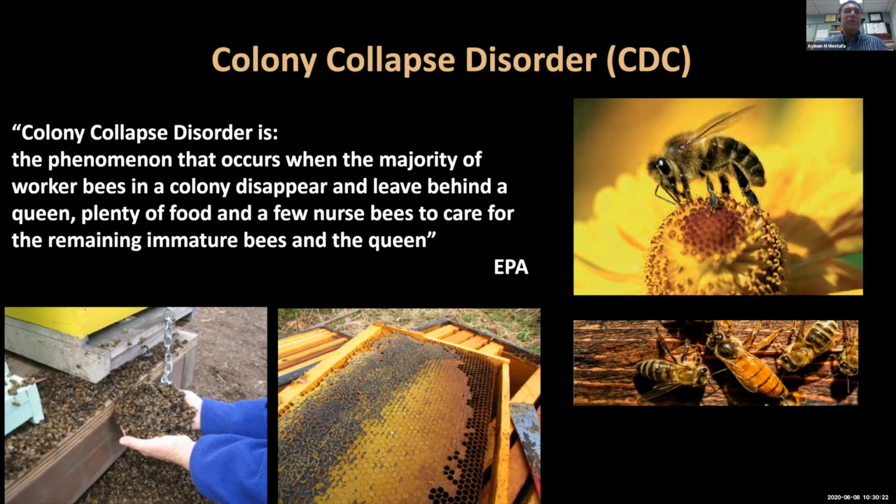But colony collapse disorder, or CCD, is the phenomenon that occurs when the majority of worker bees disappear. The workers are the majority of the population of the bees, and they are the ones doing almost everything in the hive except laying eggs. So the workers just disappear and leave behind a queen, most of the time a very strong queen, a lot of food, and a few nurse bees, who took care of the brood, or the remaining immature bees, and the queen.